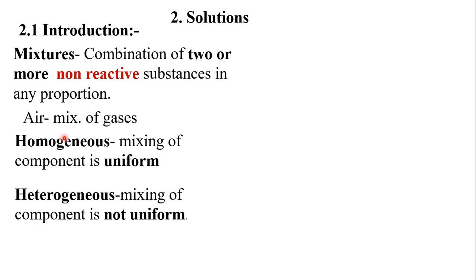Now in case of a homogeneous mixture, the mixing of components is uniform. That means what? Homogeneous is the most important. And homogeneous means what? If the composition and properties of the entire mixture are the same or uniform, then it is called a homogeneous mixture.